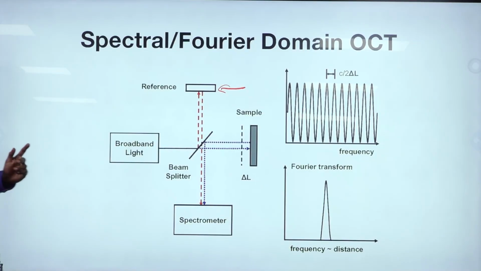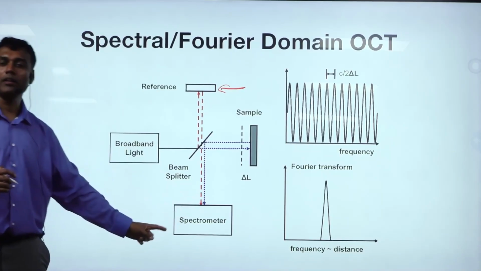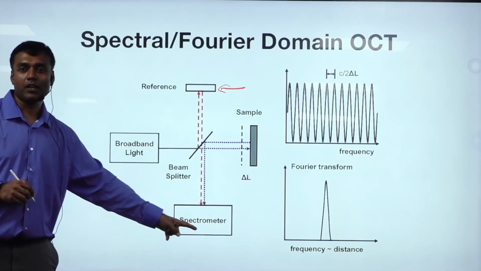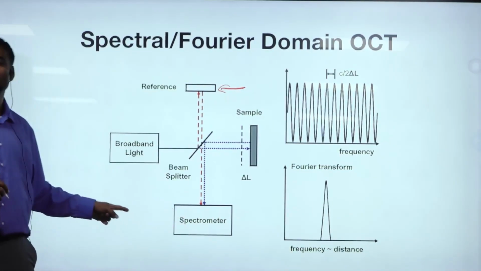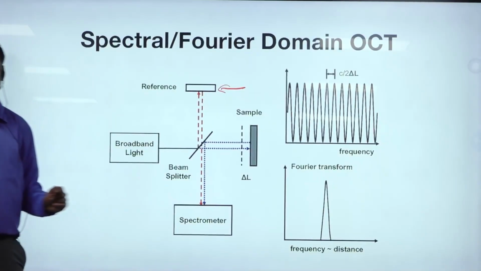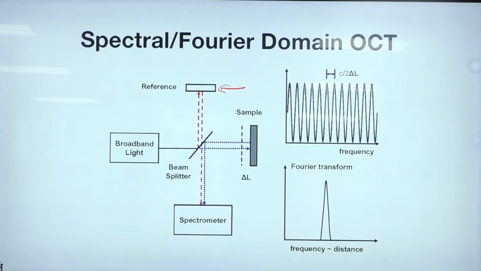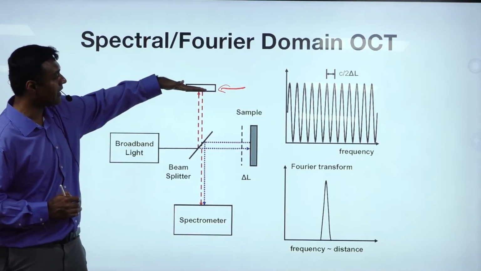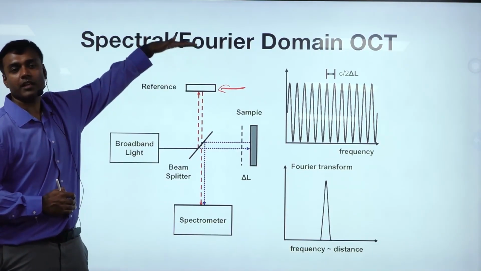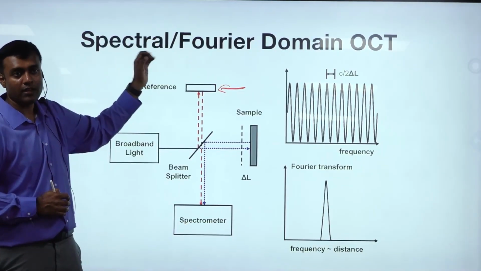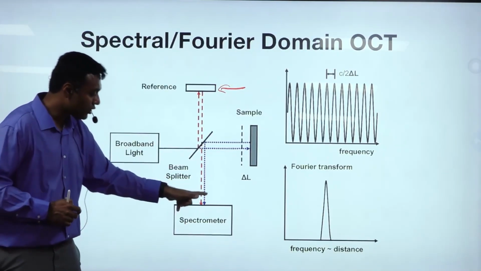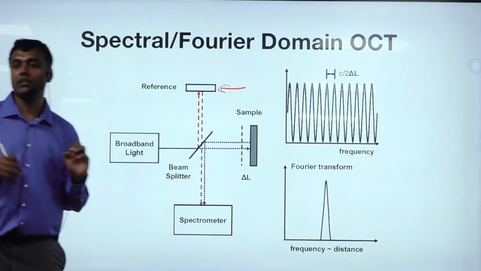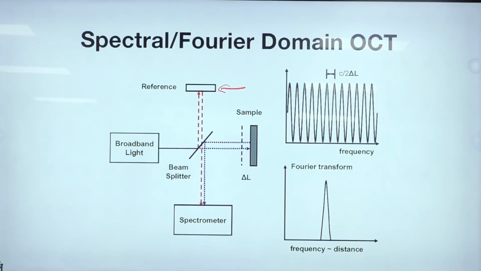So the answer is, instead of one detector here, you can use say 100 or 1,000 detectors, called a spectrometer. Instead of moving the mirror 1,000 times and getting 1,000 data points, in one measurement you split the light into 1,000 different wavelengths or wave numbers and get data at every one.